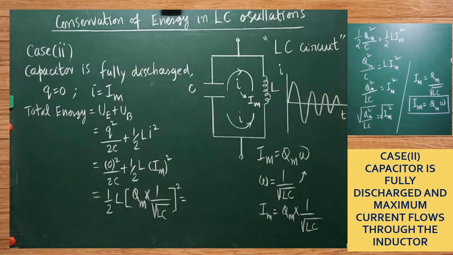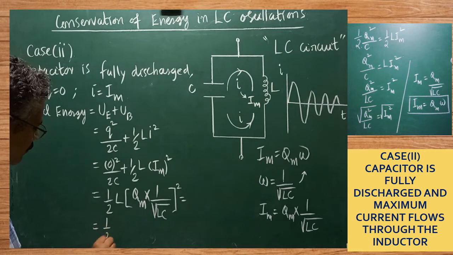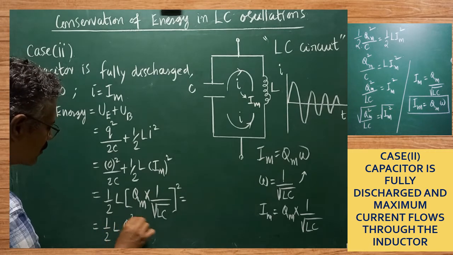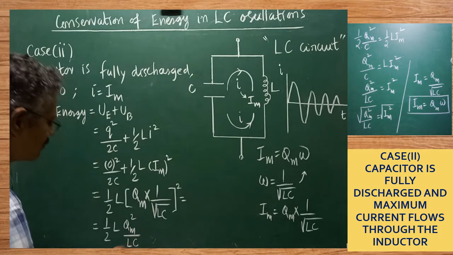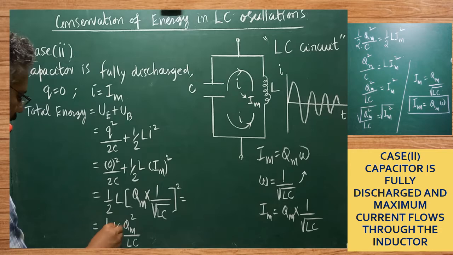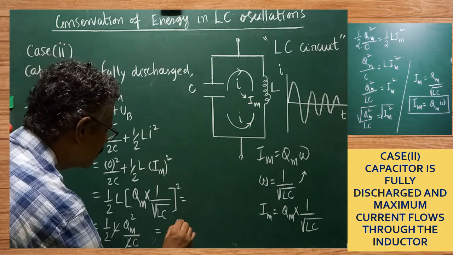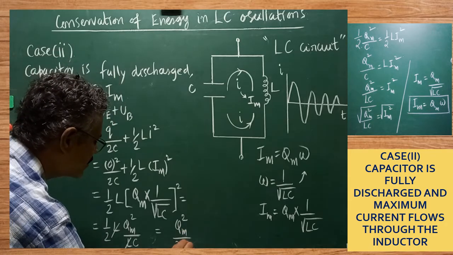After simplification, this becomes half L times Qm square over L into C. So L can be cancelled. The final expression would be Qm square divided by 2C.